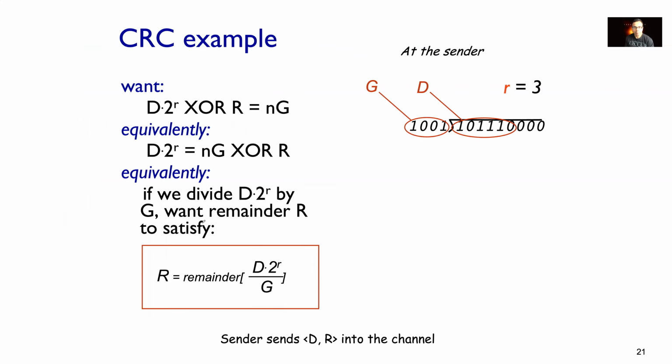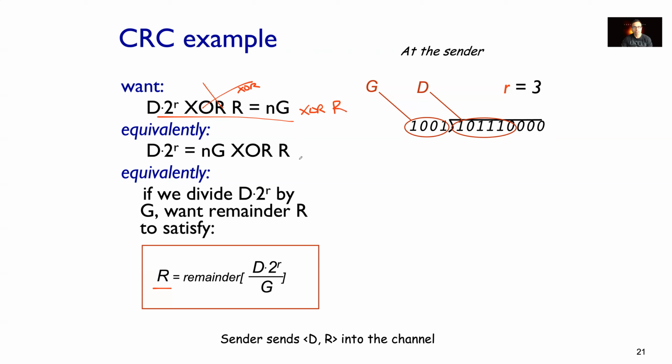So the way to compute this R-bit sequence that gets added at the sender works as follows. We left shifted this by those R bits, and then we are XORing this R. This is equivalent to doing an XOR R on both sides. So this cancels out, and then this becomes nG XOR R, which is what you see here.